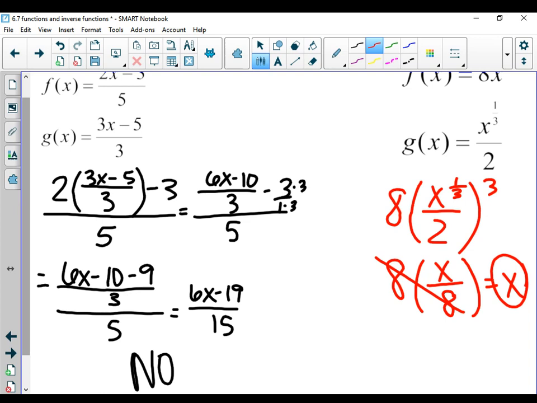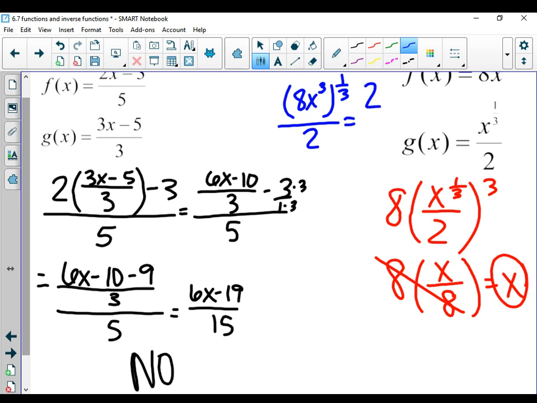And then if I go backwards, I plug in 8x cubed raised to the 1/3 over 2. Remember, 1/3 is the same thing as the cubed root. So the cubed root of 8 is 2.